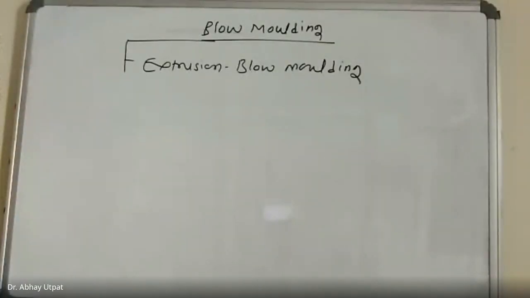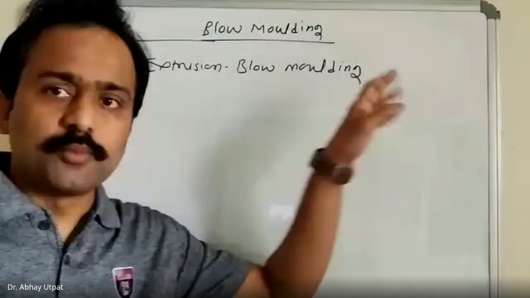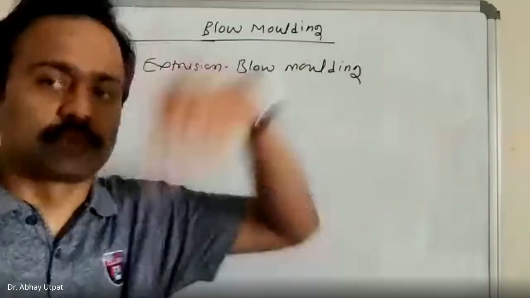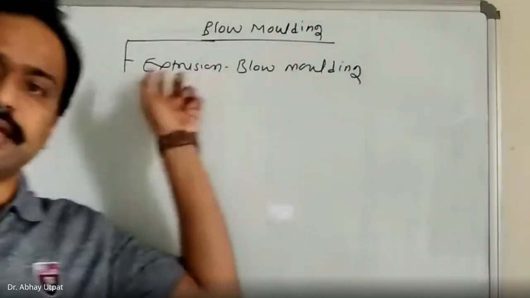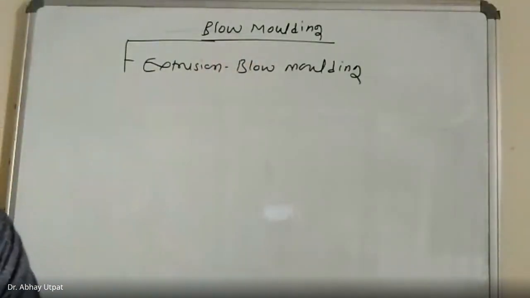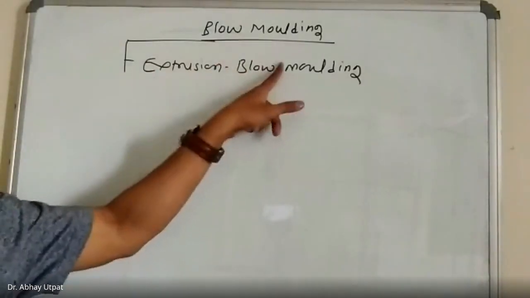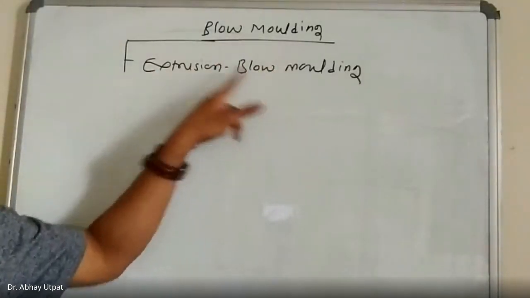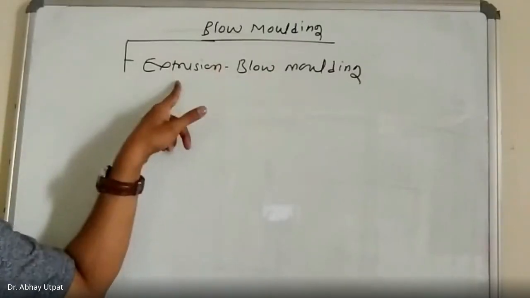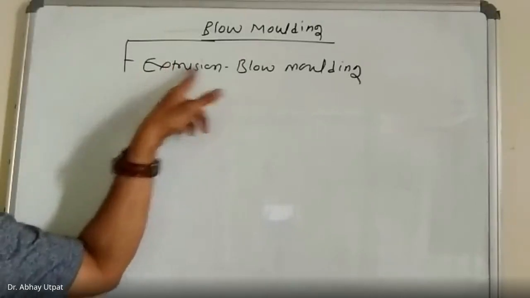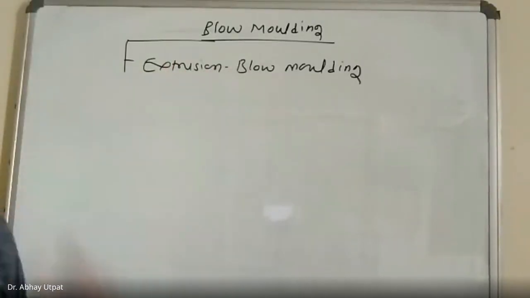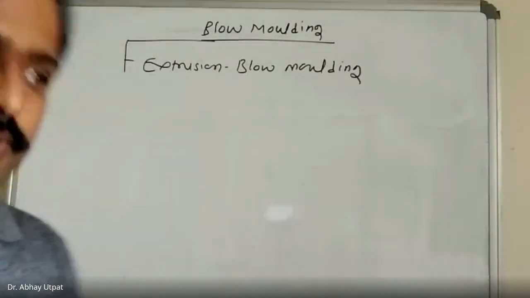Here, raw material for blow molding is made available through the extruder. I repeat once again. In extrusion blow molding, raw material for blow molding is made available through the extruder. Hence, the process is extrusion blow molding. So when I draw the figure, you will understand.